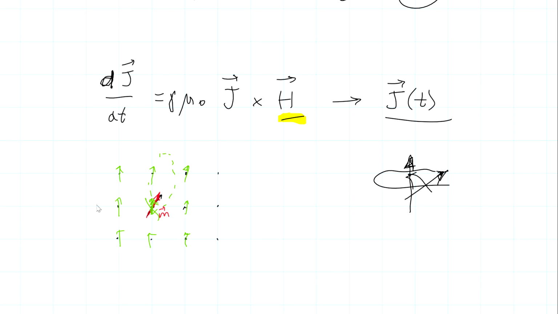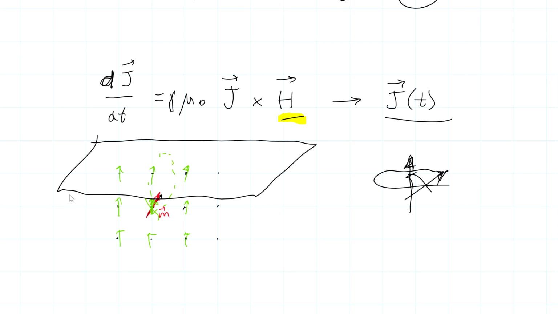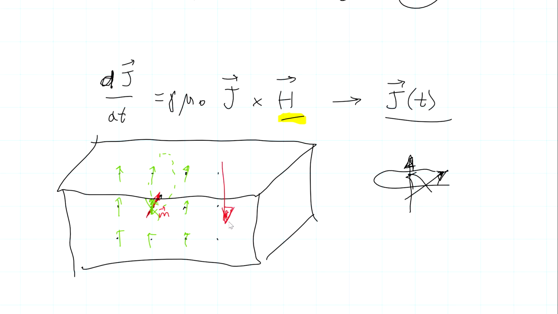Now you need to remember that this crystal lattice is part of a big crystal, and it's not an infinite crystal, which means that there is a demagnetizing field inside, or it can be expressed as a shape anisotropy. There is also crystal anisotropy, which can also be expressed with a field.